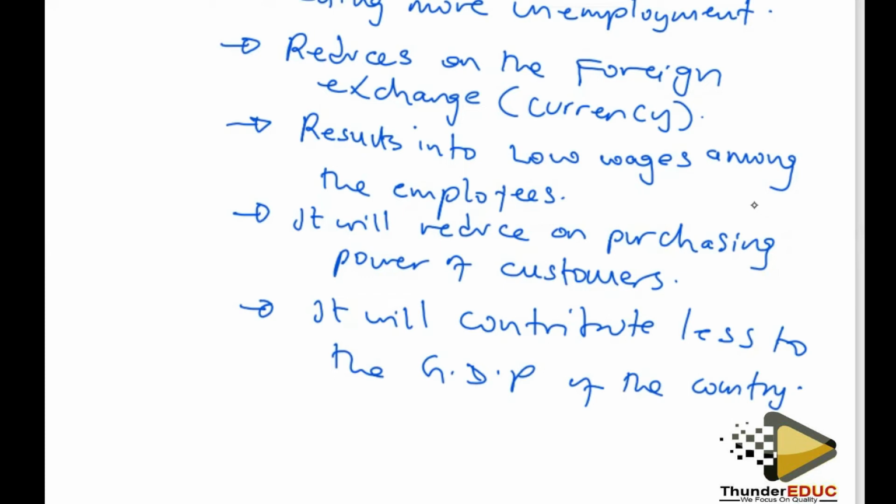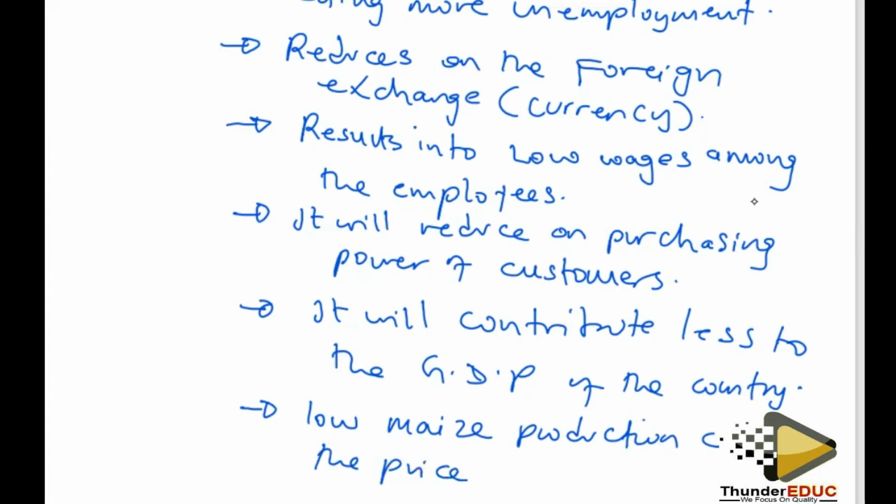As well, we know that if there is low production of maize, low maize production causes the price of maize to rise, which affect consumers.